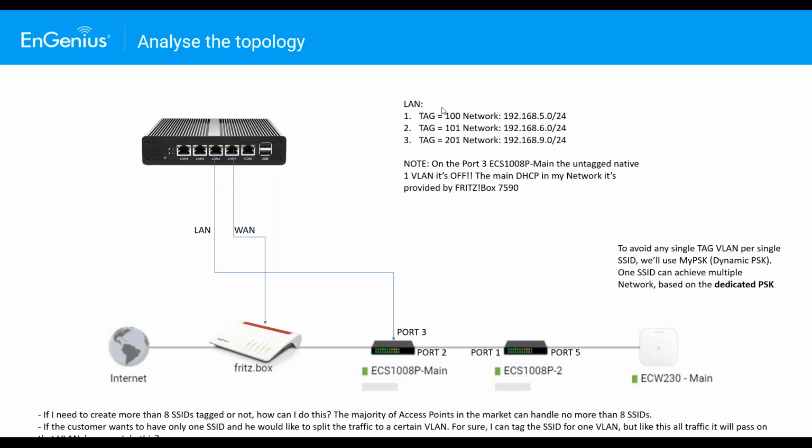I use only tags because there's no reason to use untagged here. The Fritzbox can provide the untagged for all the devices in my network. So the reason why I have the firewall is because I need to have VLANs, not because I need to have untagged.